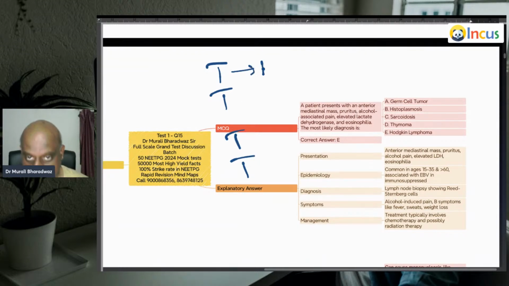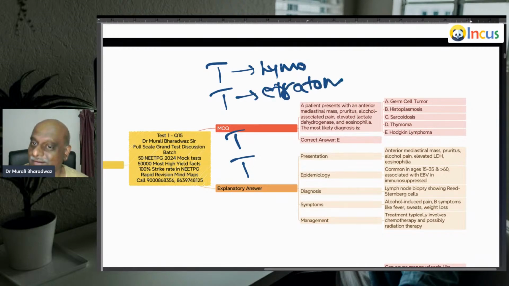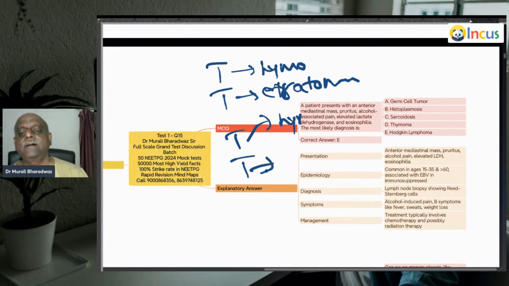T for thymoma, T for teratoma, T for retrosternal thyroid. Retrosternal thyroid with goiter is an anterior mediastinal mass. T for terrible lymphoma, Hodgkin's lymphoma.